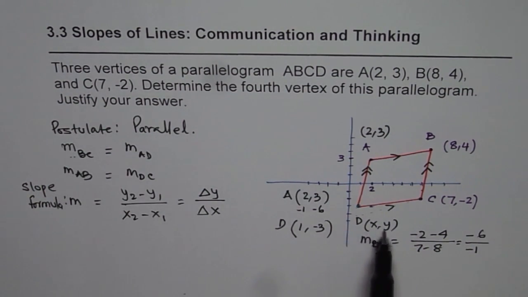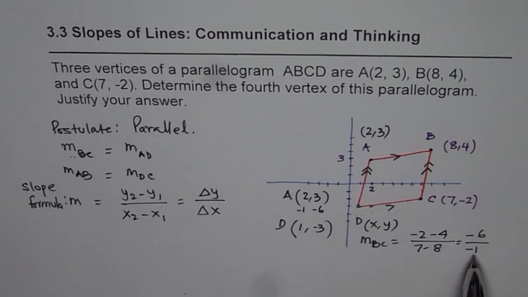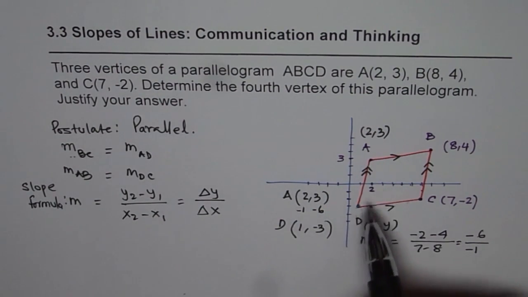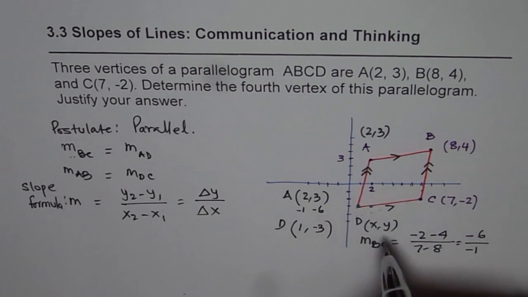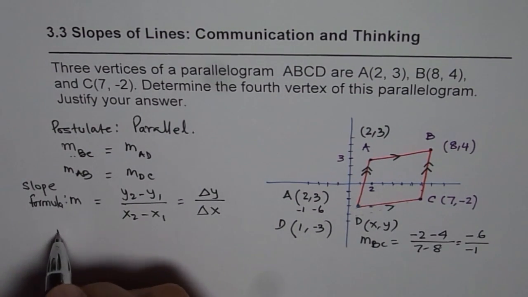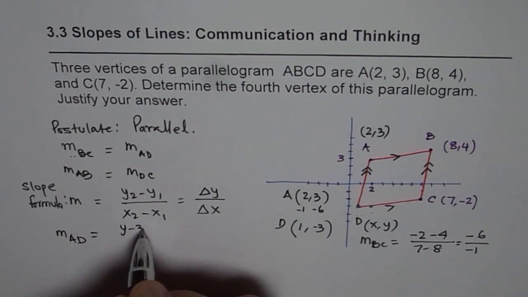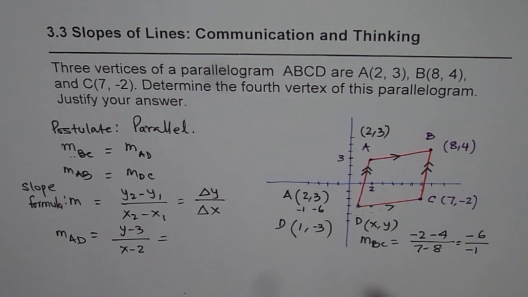Otherwise, you can use the formula and calculate it also. We just calculated the slope of BC as 6 over 1. Now what is the slope of AD? A to D. We have these 2 points, and we can compare and then find the point. The alternate way is that the slope of AD will be equal to (y minus 3) divided by (x minus 2), and that should be equal to 6 over 1, or we can write -6 over -1, either way it doesn't matter.